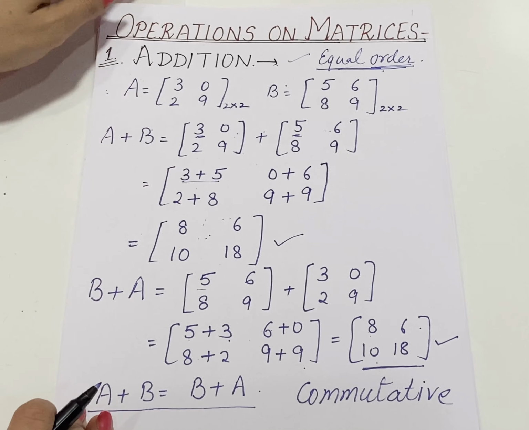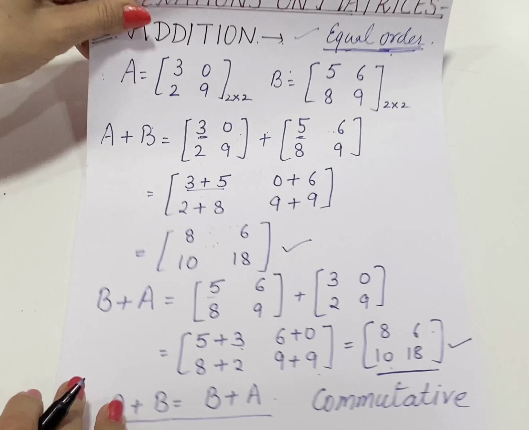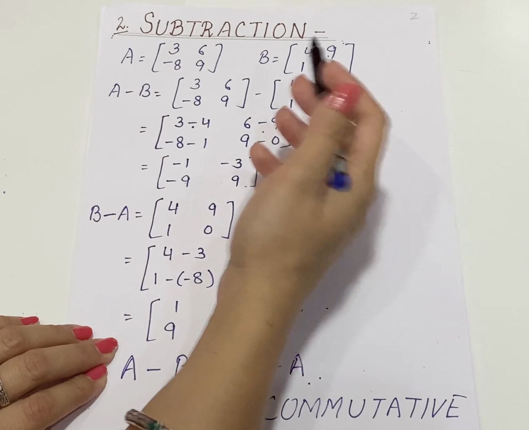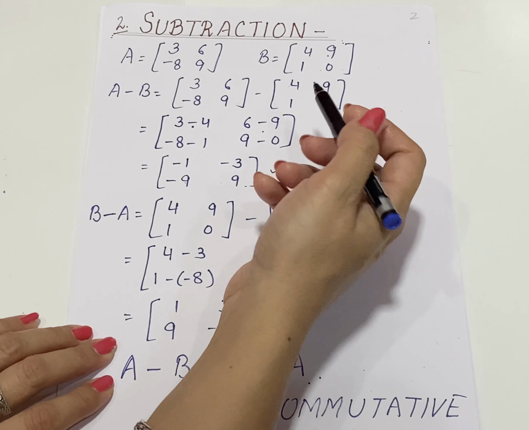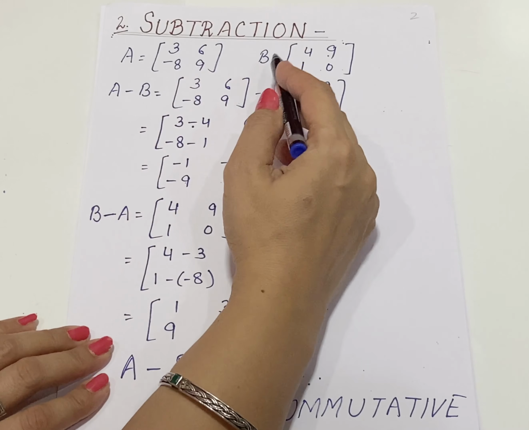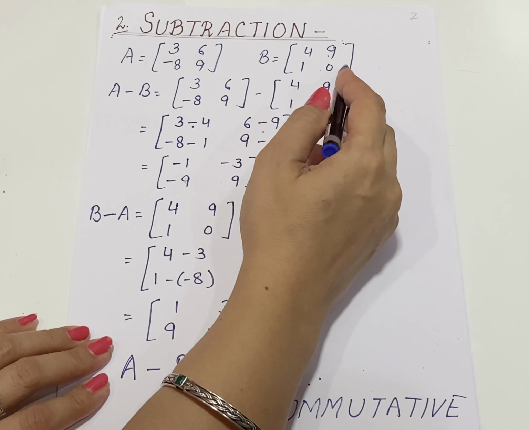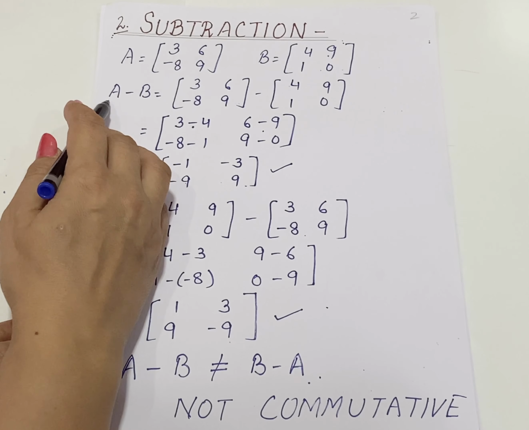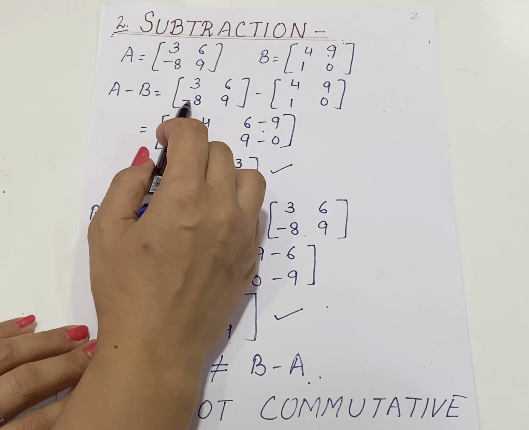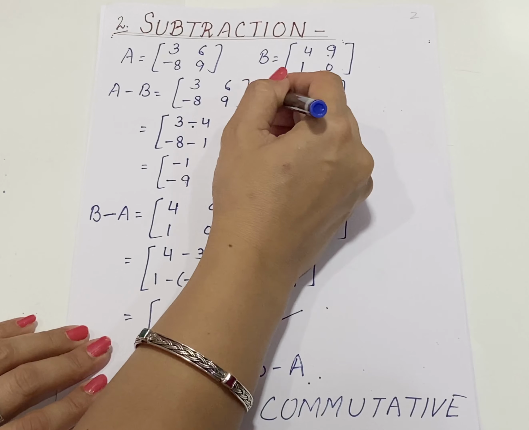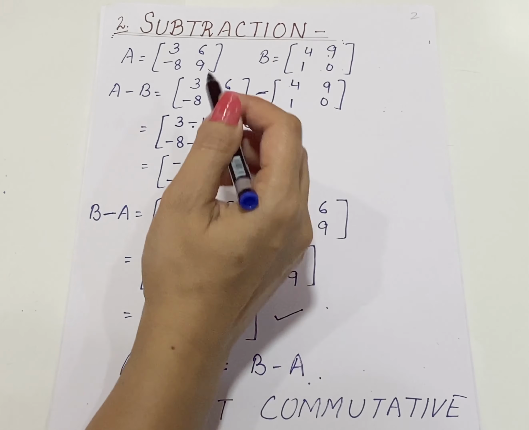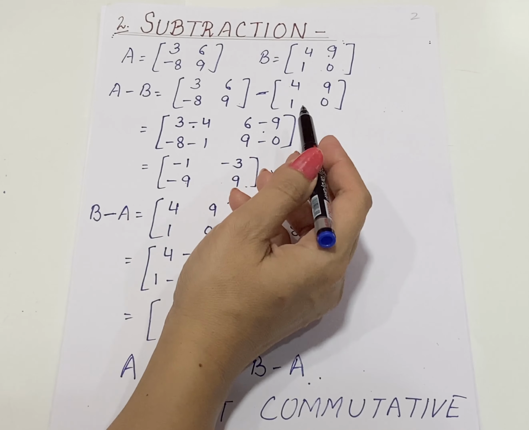The way we have the addition of matrices, exactly the same way we have the subtraction. For this again the condition is that the order of the matrices should be equal. I have taken matrix A as 3, 6, minus 8, 9 and B is 4, 9, 1, 0. Now we are calculating A minus B. So in this case first we write the matrix A, then the minus sign, and second is matrix B. Now again the corresponding elements will be subtracted.